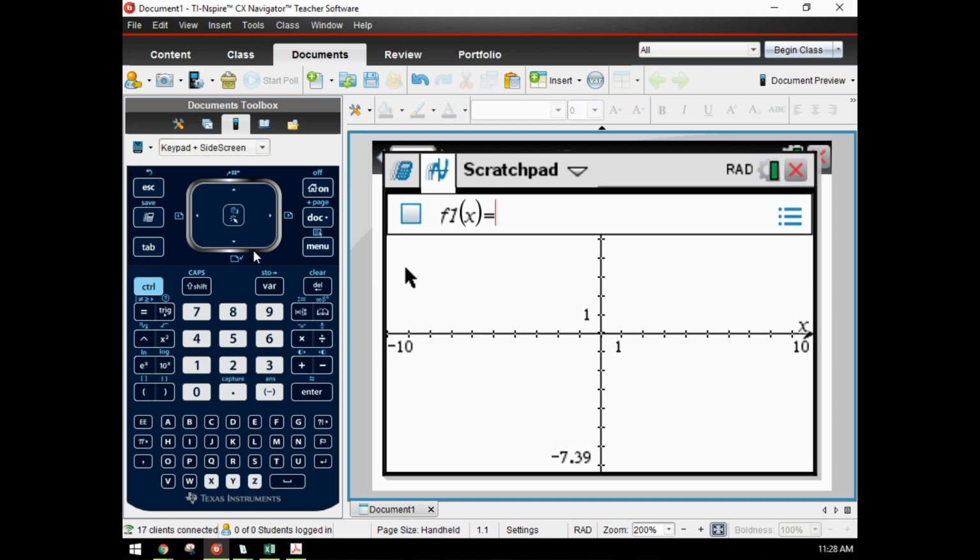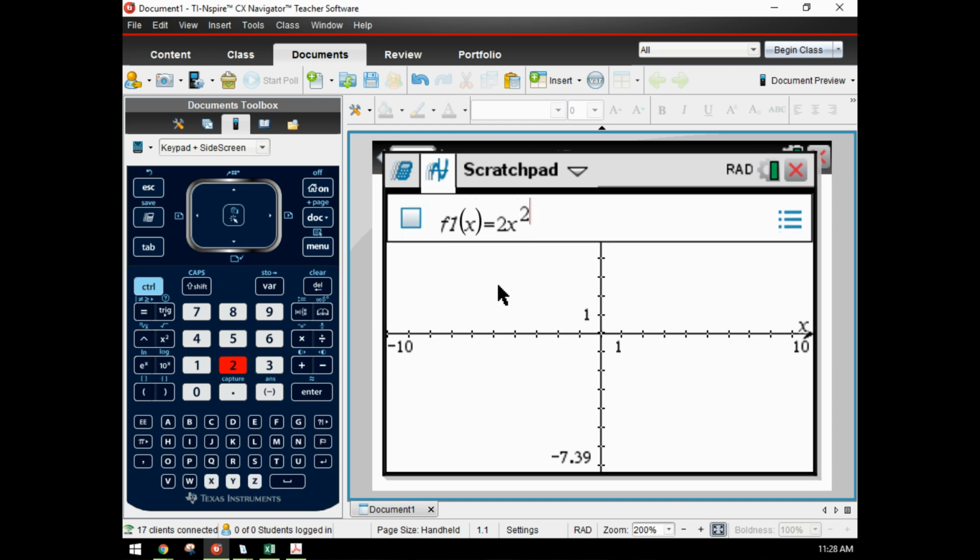This tab button will open it up for you as well. Do not type the equals 0. You do not want the equals 0, and you don't want to erase anything that's already there for you. So type in the problem, 2x squared plus 5x minus 3. When you get it typed in, hit enter.